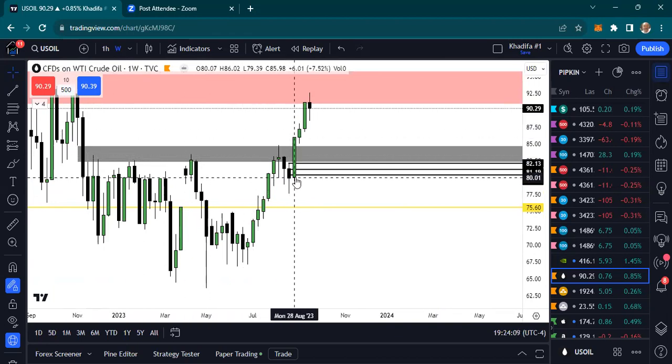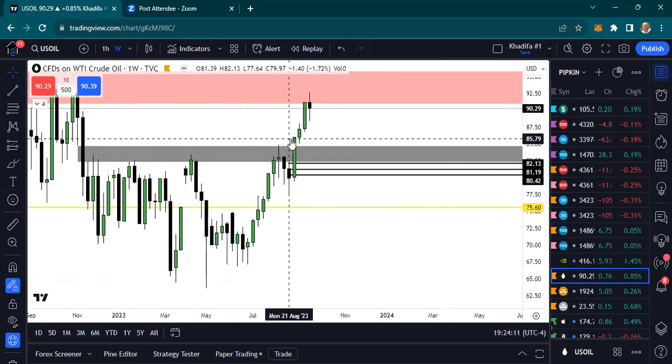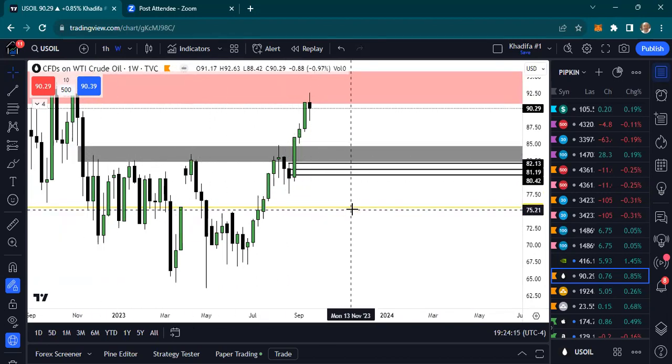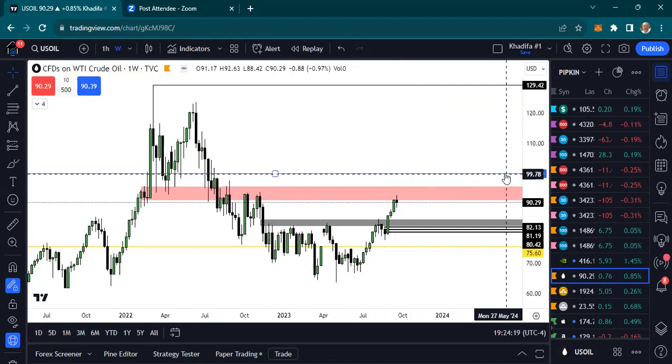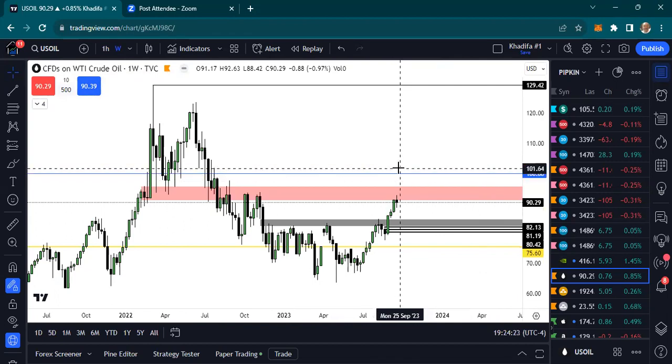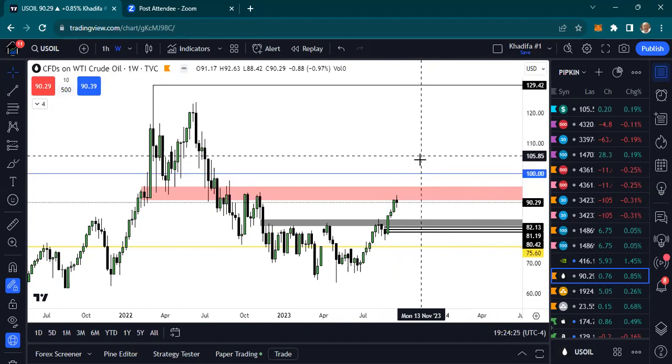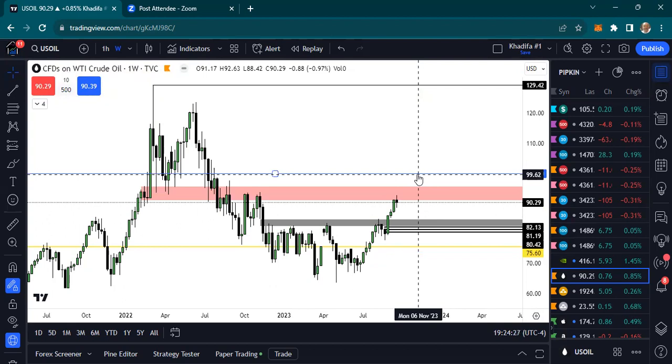I've been telling you guys that when we break aggressively above that weekly fair value gap and close above it, I would be looking to long oil up to $100. And I would look for us to break aggressively above that level and find support.